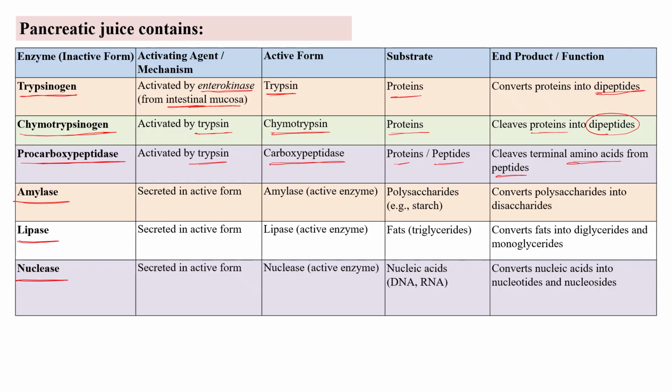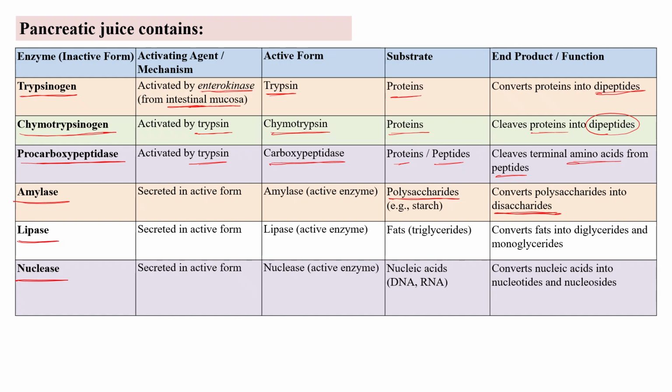Amylase, secreted in active form, and it breaks down starch or the polysaccharides into disaccharides. Lipase, this is also secreted in active form and does not require any activating agent.